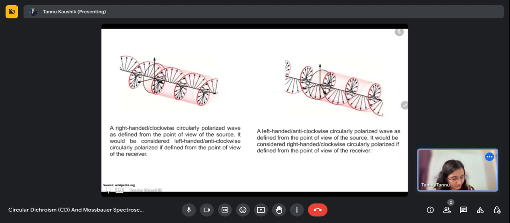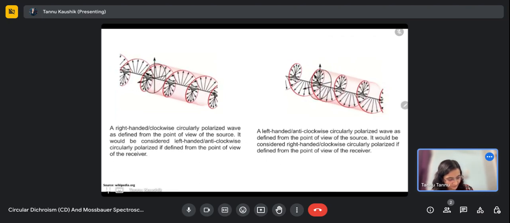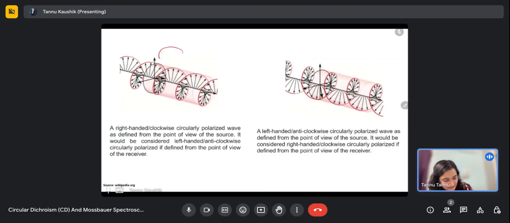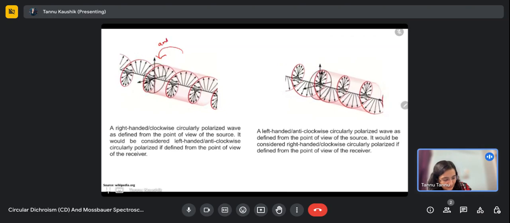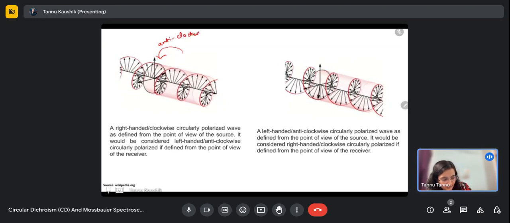So you can observe, this is moving like this. This is anti-clockwise with respect to the source.